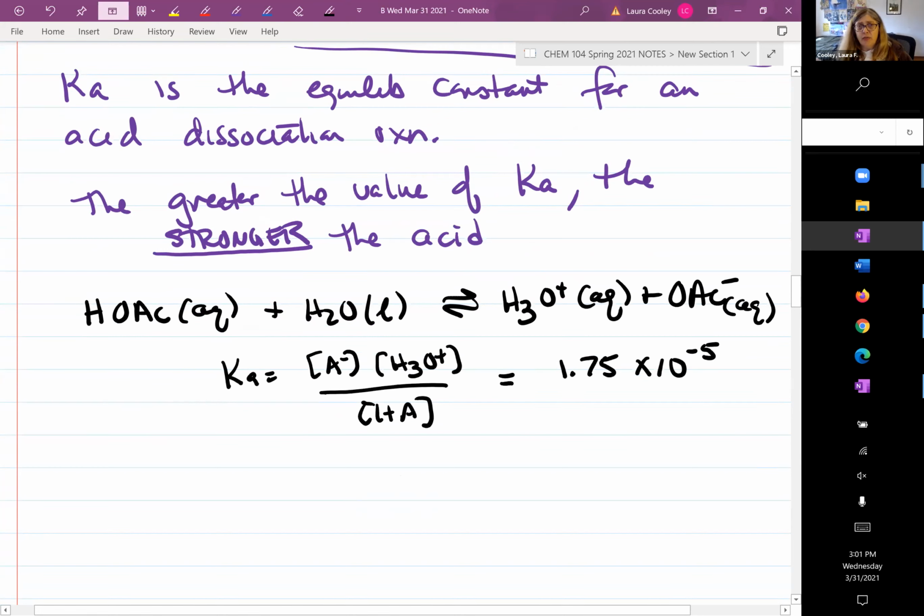That is not a very impressive number as far as forming a lot of product. Quite the opposite. This is a small number, pretty much a lot less than 1.